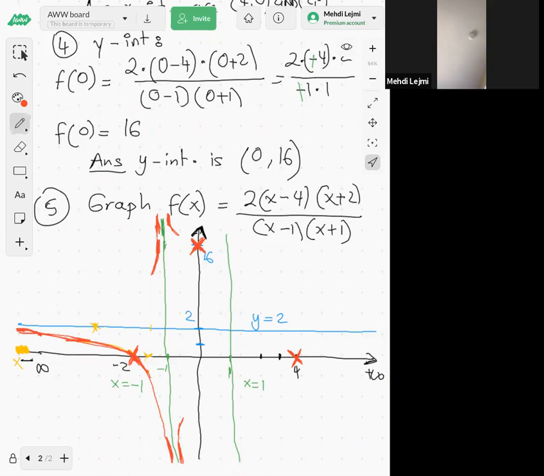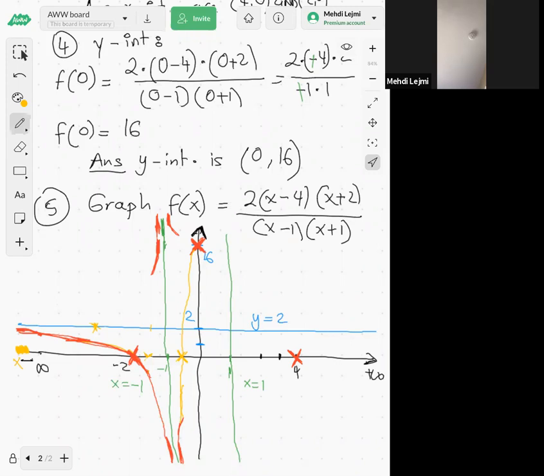If you go up from the bottom to your 16, to your y-intercept, it means you're going to cross the x-axis. But again, you don't have an x-intercept, so you cannot really cross the x-axis. So you cannot really start from the bottom.